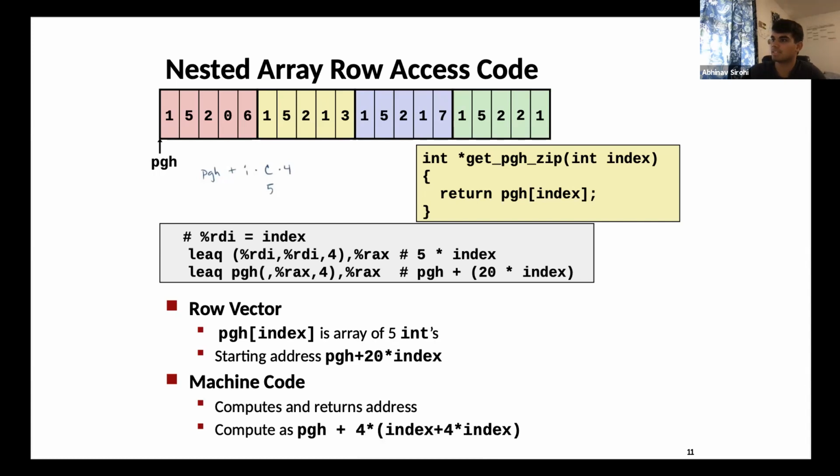And this is the corresponding assembly code for doing that. I'll post these slides and you can go through them, but the comments explain pretty well exactly what's going on here. That's how accessing a row in this 2D array would be done in assembly.